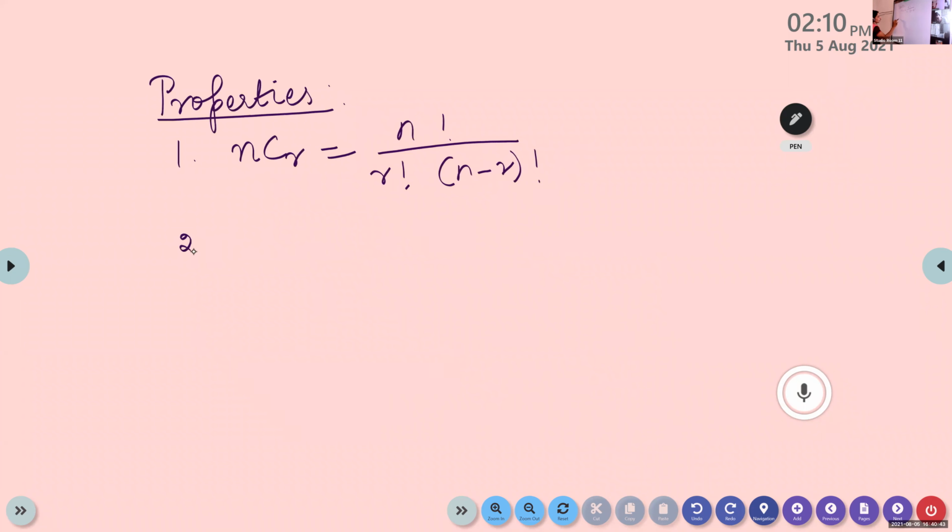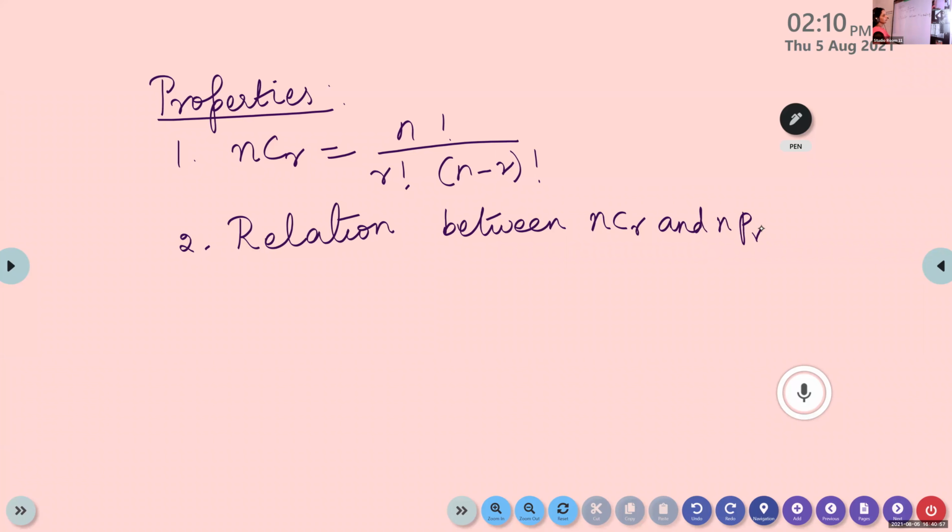Now look here. What is the relation between NCR and NPR? Look at how NPR is defined. NPR is n factorial by n minus r factorial, isn't it?